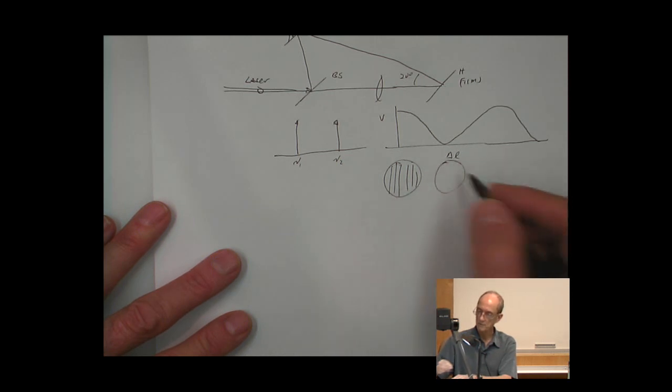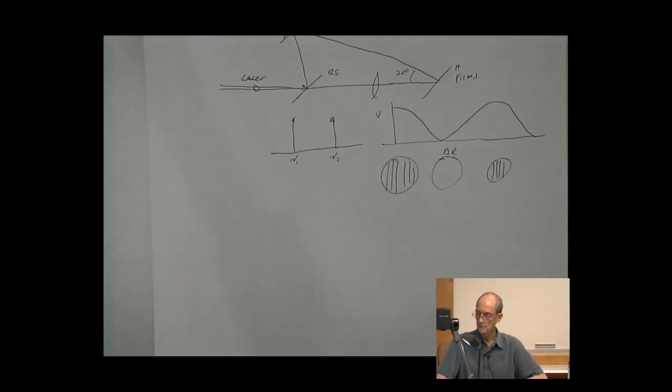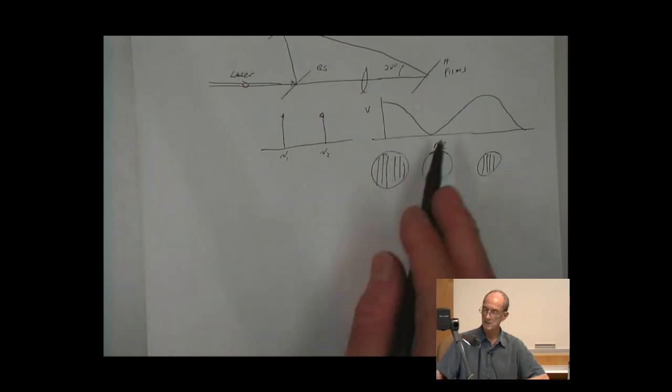Here there would be no fringes. Here there would be fringes, and then no fringes. My student actually set up an interferometer and did this in the lab, and I did it too, prior to grad school. And it really does work.